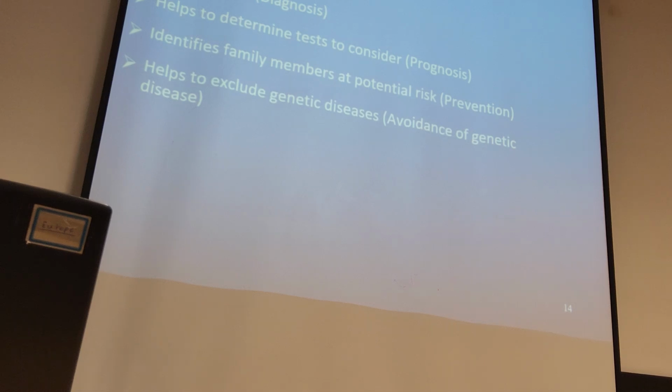The first thing in genetic counseling is to take a family history, and we can use the family history in genetic counseling as a tool for diagnosis, for determining what kind of test we need to consider for this individual, and for prognosis of the disease.